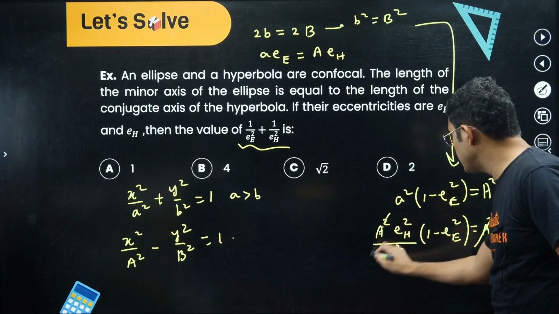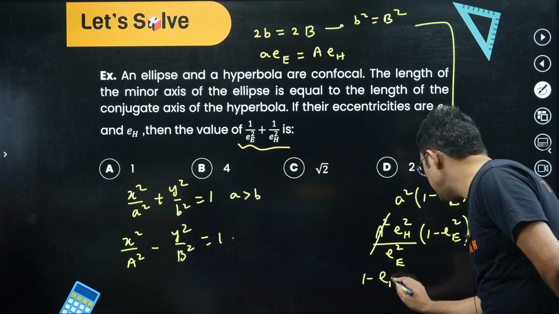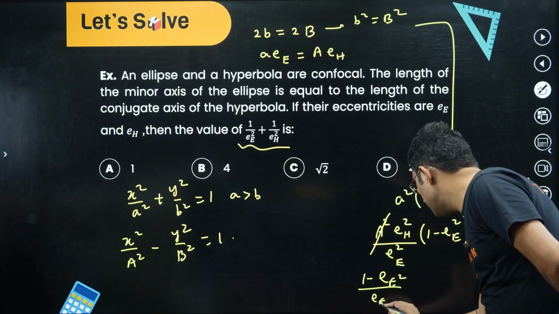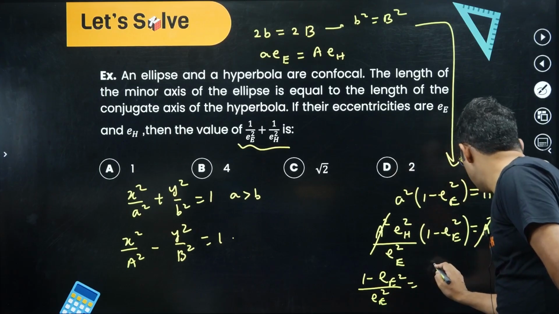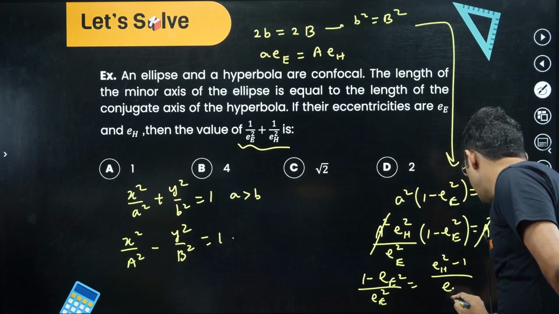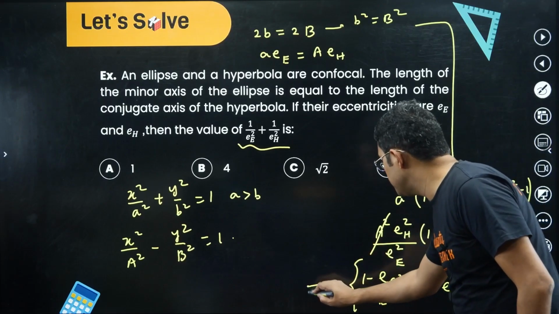So this capital A square gets cancelled. What we are left with is 1 minus EE square upon EE square is equal to EH square minus 1 upon EH square.